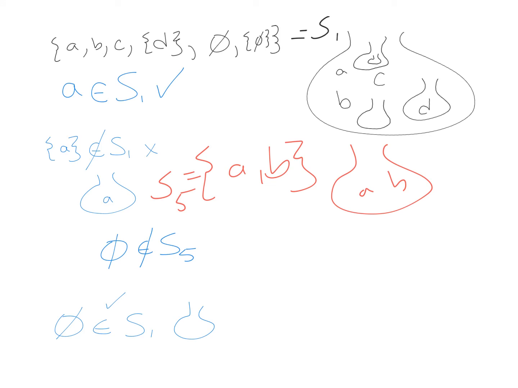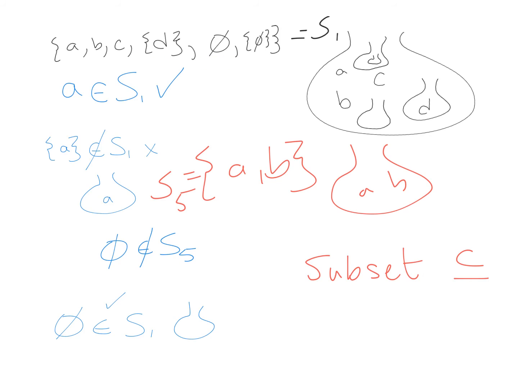Well, remember that when we talk about the concept of subset, for example, if we are asking, is S5 a subset of S1, then we're asking, if I look inside of S5's bag and look at every single thing in the bag, do I also find that in S1's bag?